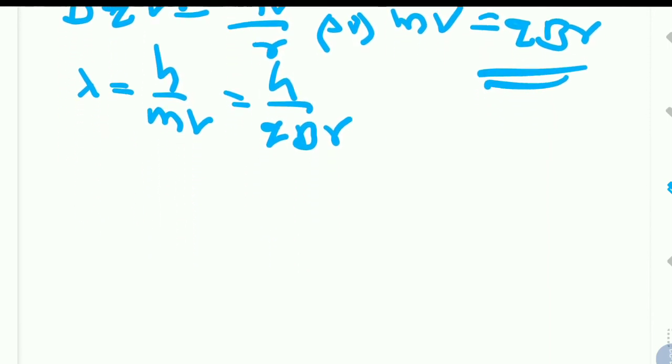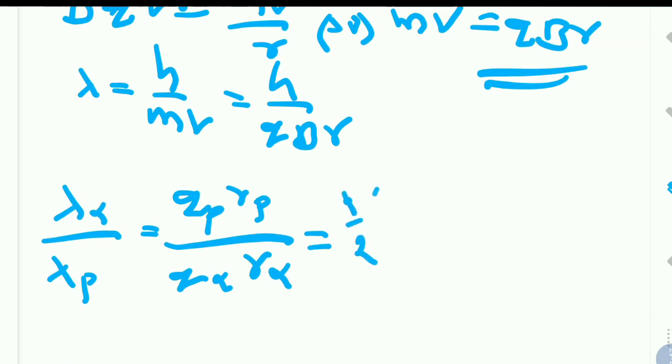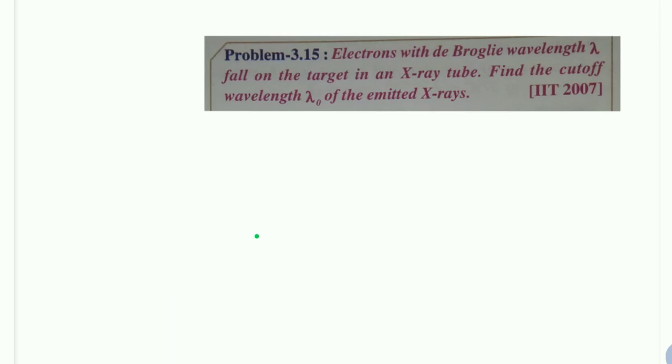Then lambda alpha particle wavelength by proton wavelength is equal to qp rp by q alpha r alpha, then 1 by 2, which is 1 by 1 of... This is the answer.